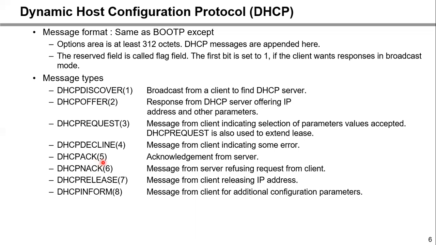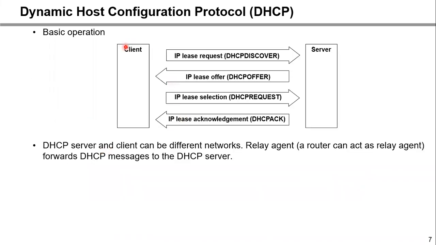If you reject those parameters, if you don't like my name, if you don't like my face, then you give a negative acknowledgement to me so that I'll not teach you. These are very simple messages. We will study these messages one by one with an example. Now, let's say a client is joining the network.